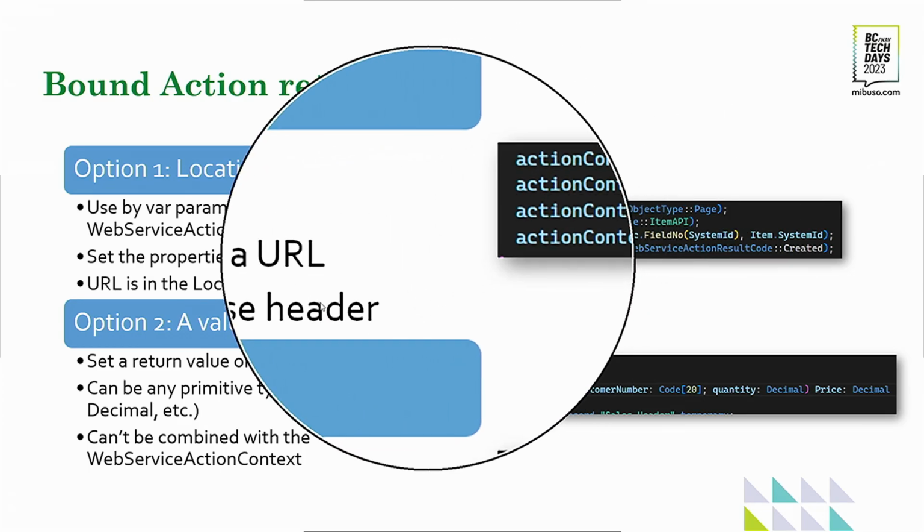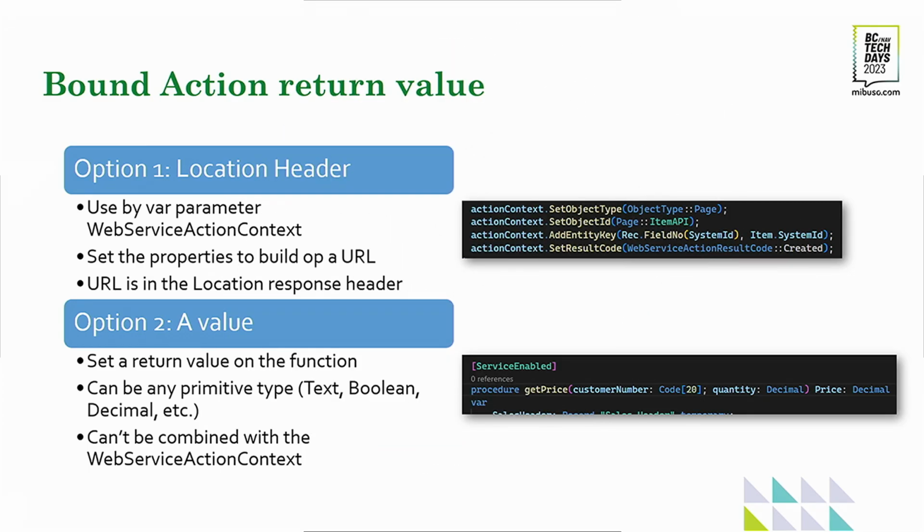But another option is to let the bound action return a value rather than a location header. I don't know about you, but I get this question now and then: can I get a sales price for an item, for a particular customer, for a certain quantity?